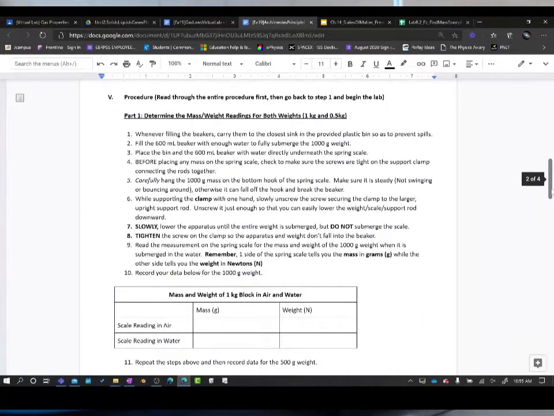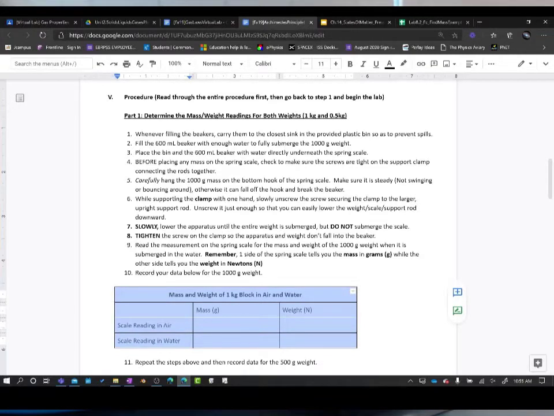There are two main parts, part one and part two. This is a very specific procedure, especially needed for those doing it in class when they need to put all this stuff together. But you'll see me going through this procedure. In the first part, we are just looking at what the mass and weight of our objects are when they are out of the water, and then when they are put into the water, and we'll record that down here in our data table.